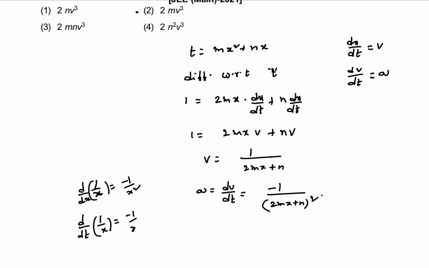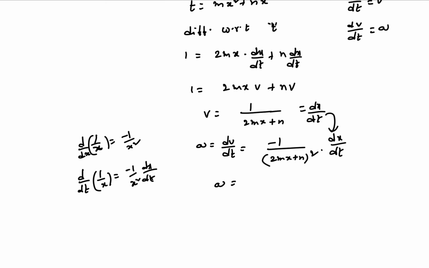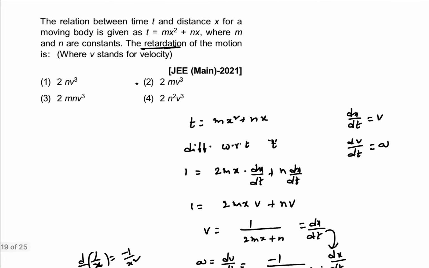That's why I am writing d by dt of 1 by x is equal to minus 1 by x square into dx divided by dt. Same thing here also I am writing dx divided by dt. Again dx by dt is nothing but we have written that velocity v. Substitute there. A is equal to velocity v, so we can write minus v square into v.